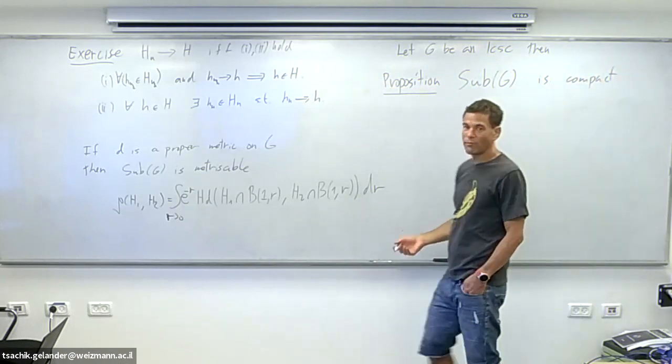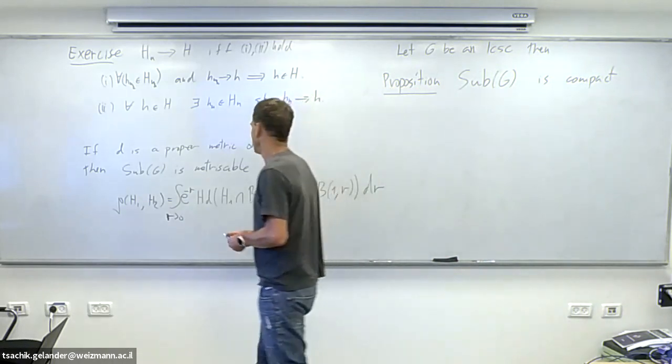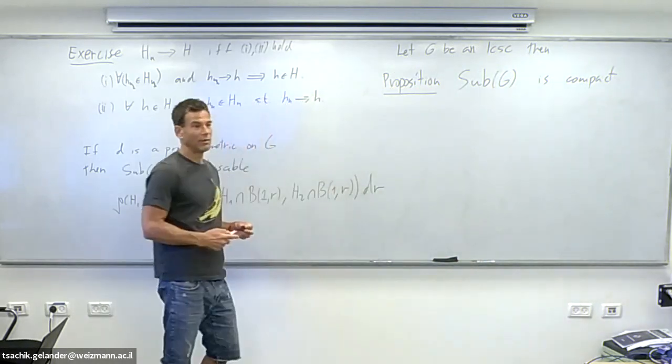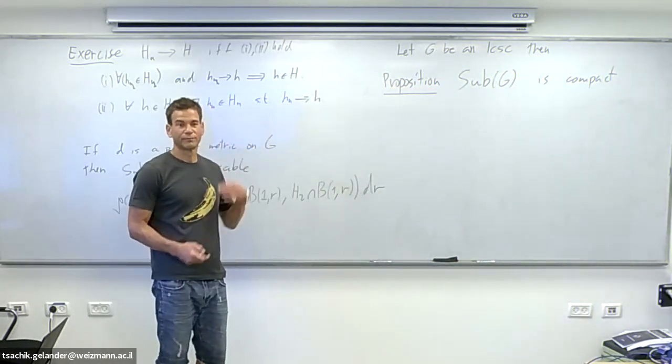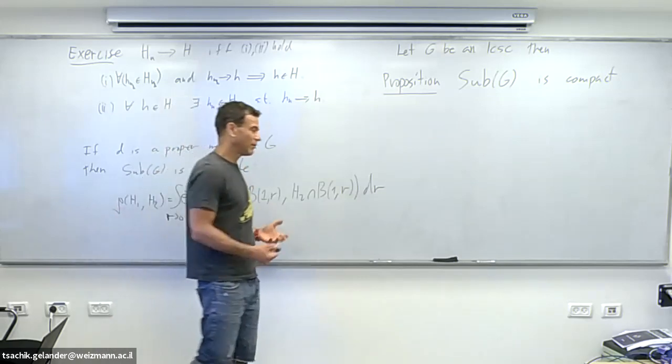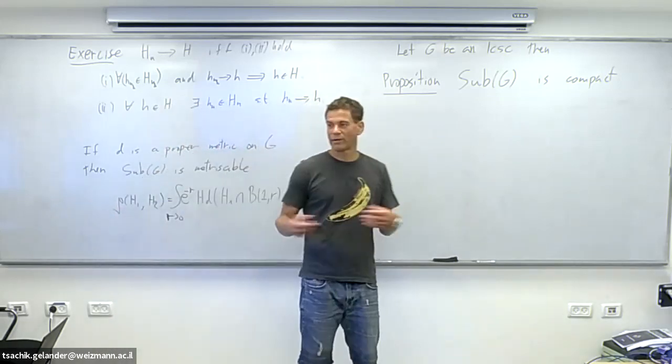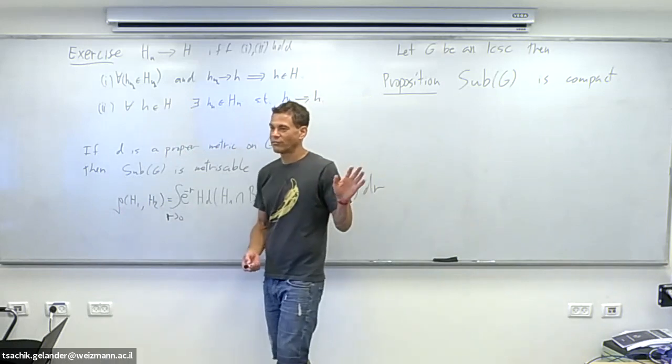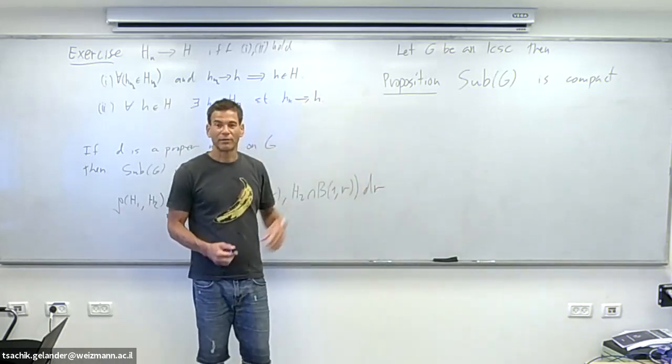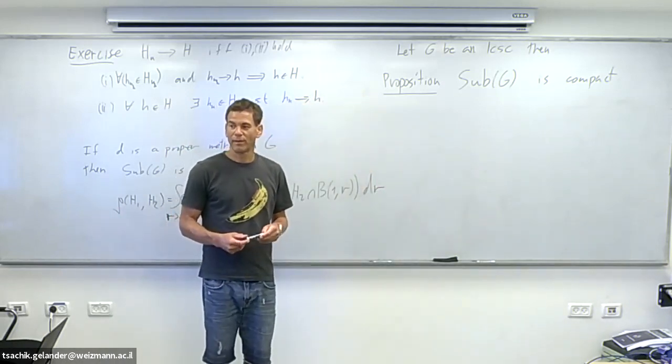So it can be quite complicated, but still always compact. So for instance, it's a nice exercise to take a group and try to understand things about this space. We're not going to do it now.